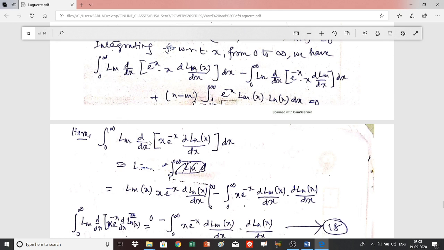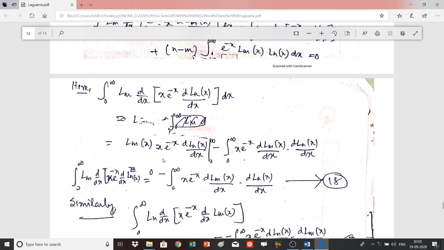We need to compute this term and this term first. The first term is written here, and you can write this as the integration by parts: this is one term, and this is another term. That will give you the first term as ln times this, and then just integrate the other term, which gives this, from 0 to infinity, and integral of e to the minus x dlm x by dx ln is done here.